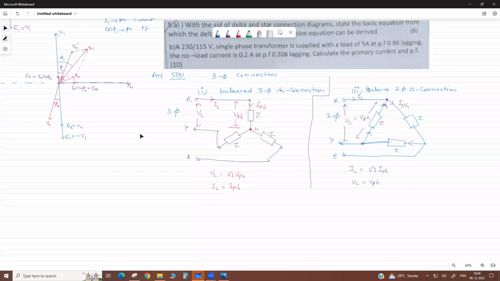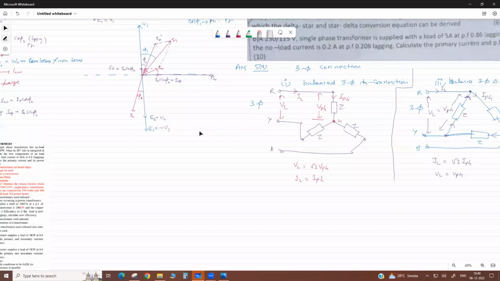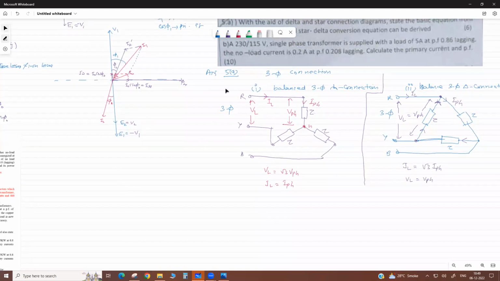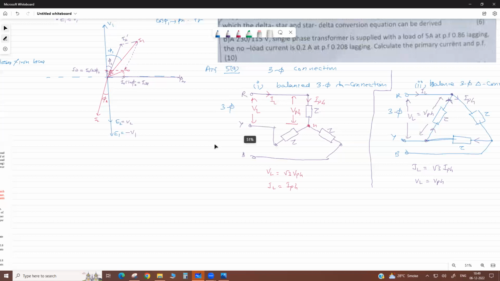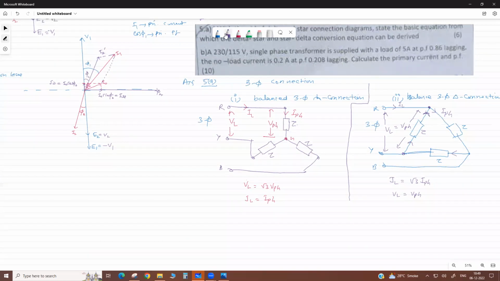Now the second question, fifth part B. Here it is given a 230 by 115 volt single phase transformer.